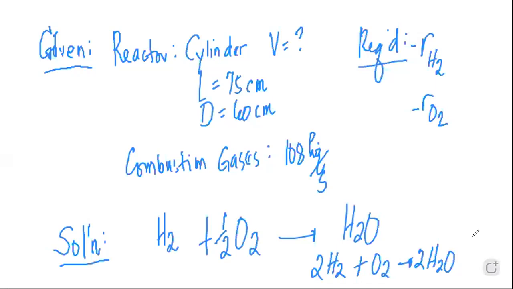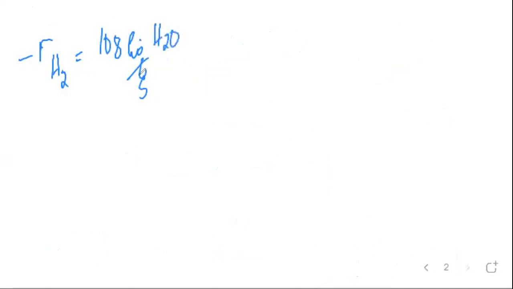So we will continue. If it's the rate of reaction of hydrogen, and we start with the given, that's the rate of production of water vapor out of the combustion, which is actually 108 kilograms of water vapor per second.